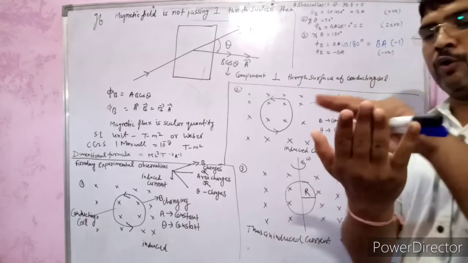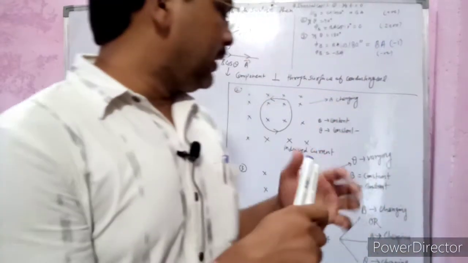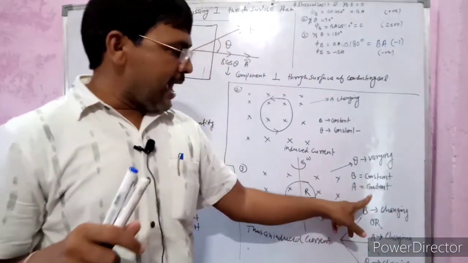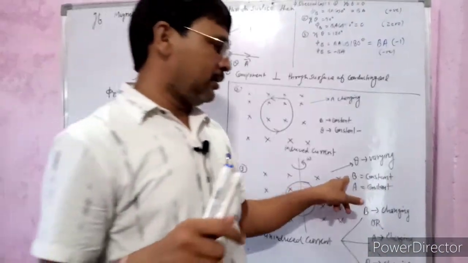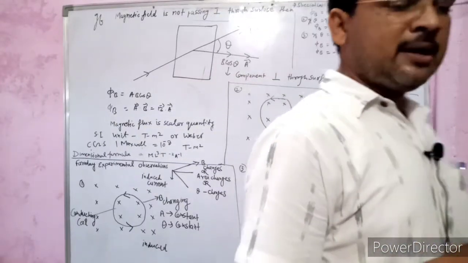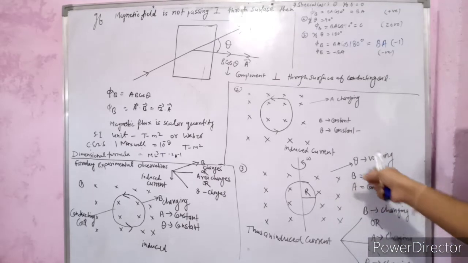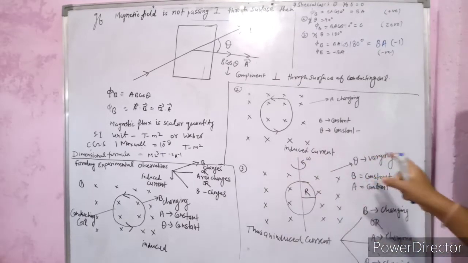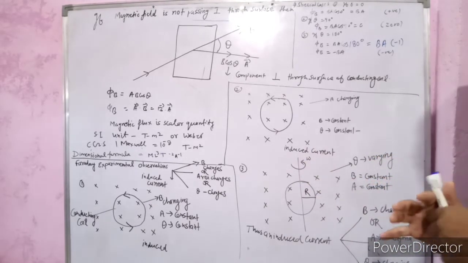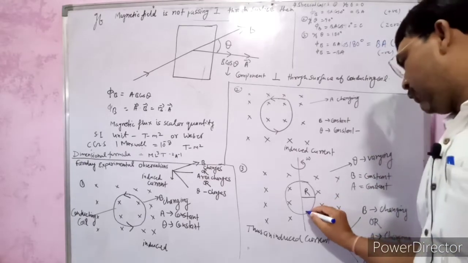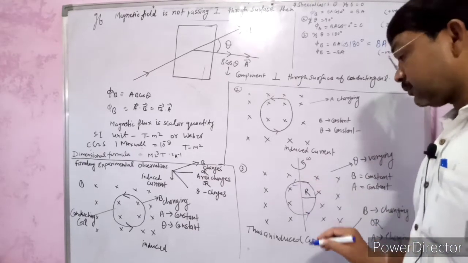If the coil rotates about its axis, then the angle theta between field vector B and area vector A changes. Then the flux enclosed through the coil also changes and an induced current is produced.